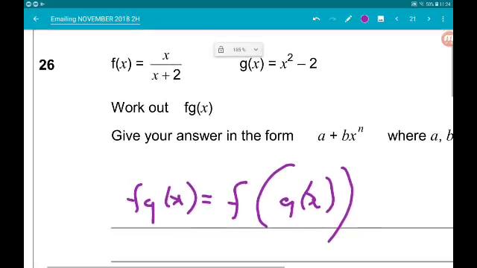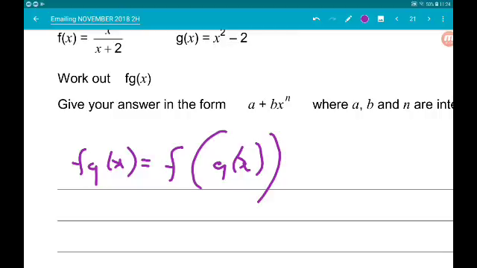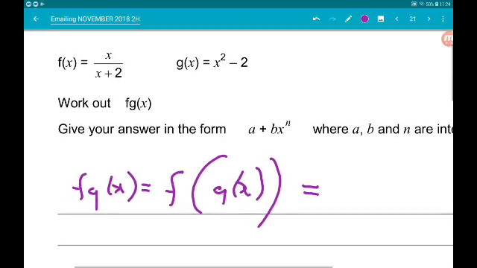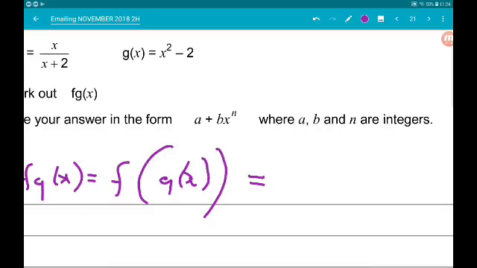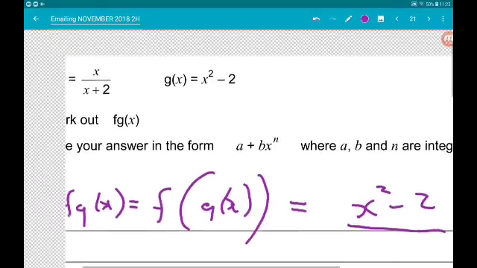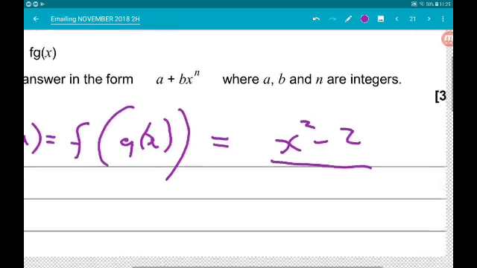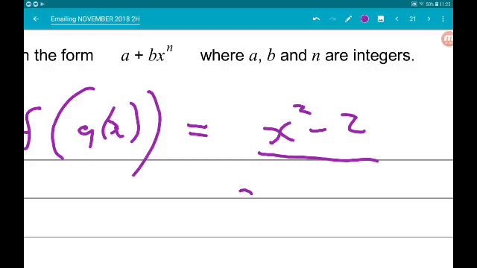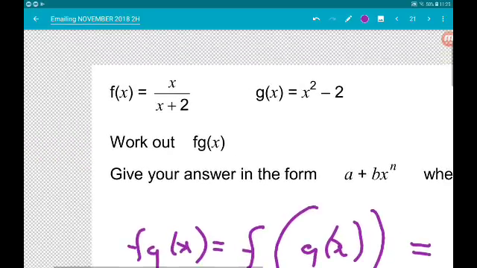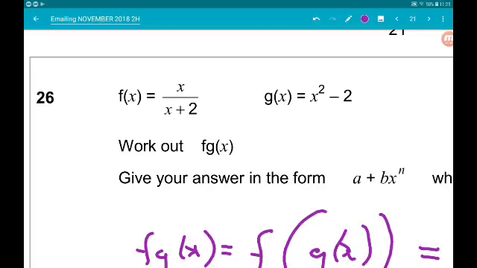So we get, well, the x on top becomes x squared minus 2. On the bottom, we get x squared minus 2 add 2, because we got the x add 2. So again, what's happened there is the x's in f of x have become x squared minus 2.